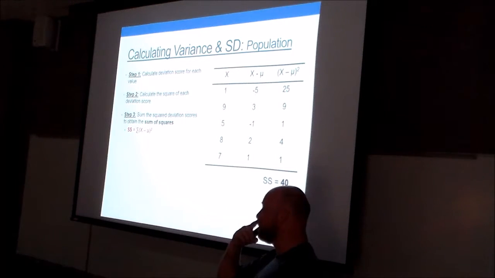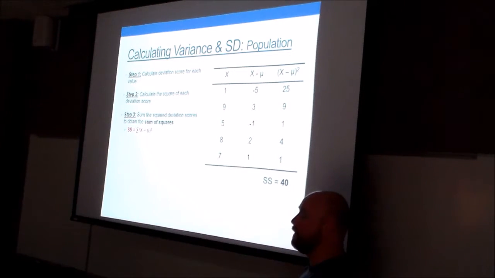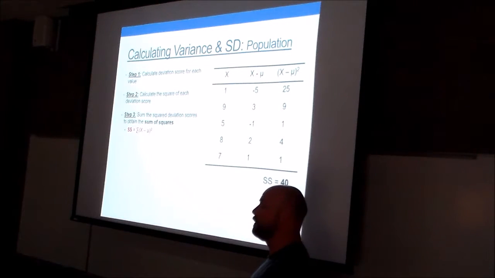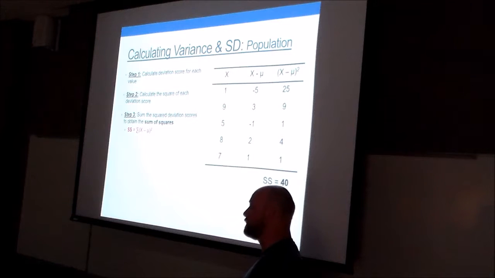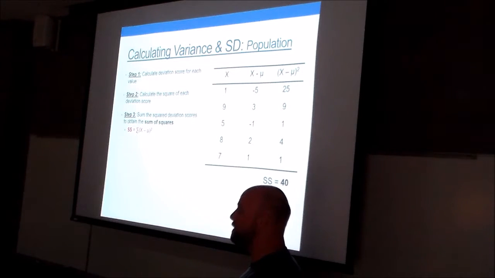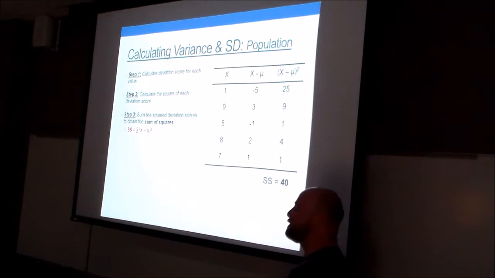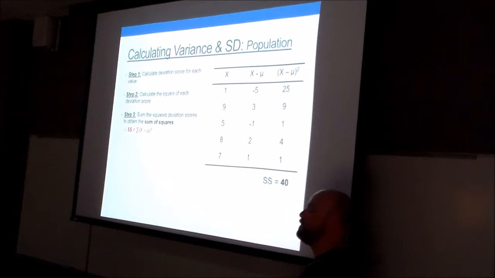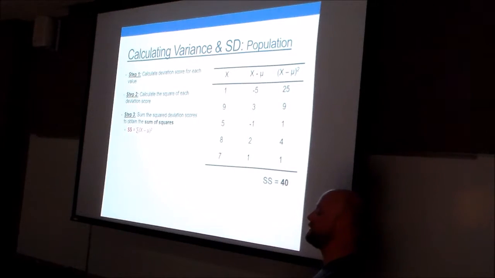So, jumping off of Sam's question, why do we worry about this whole squaring business? What does squaring things do for us? Makes them all positive. Why is that important? What happens if we just sum the deviation scores?